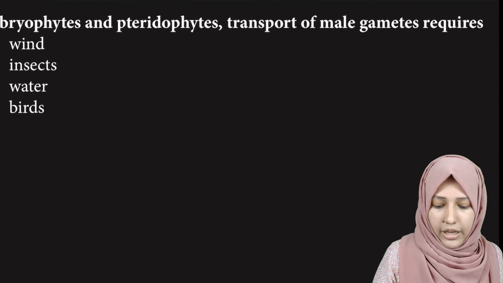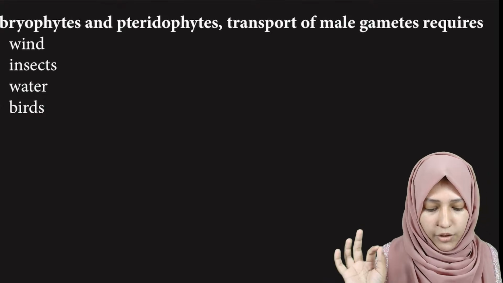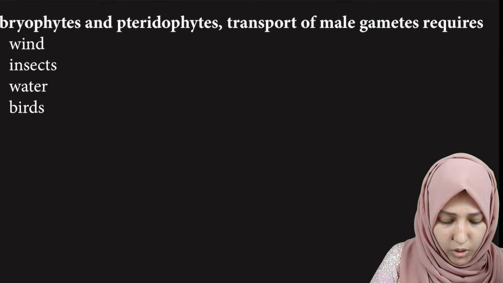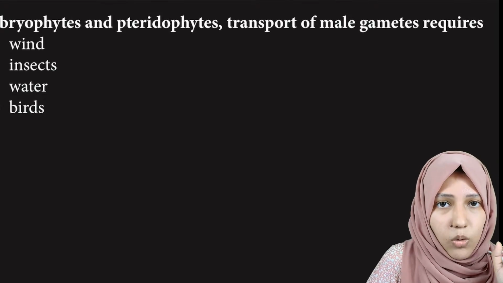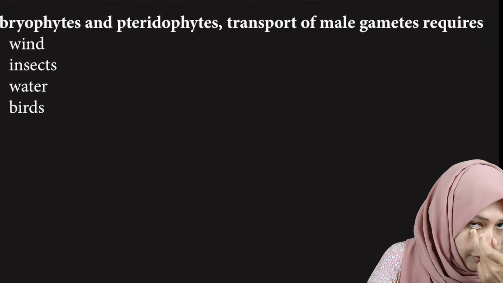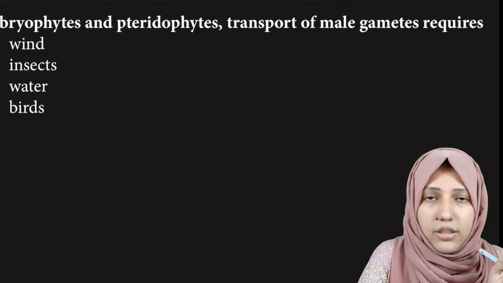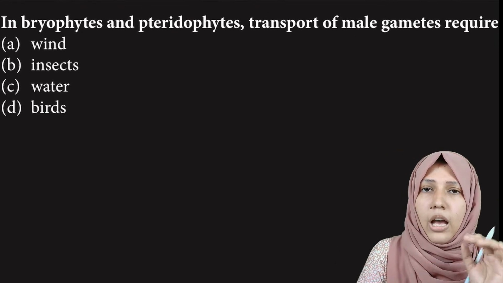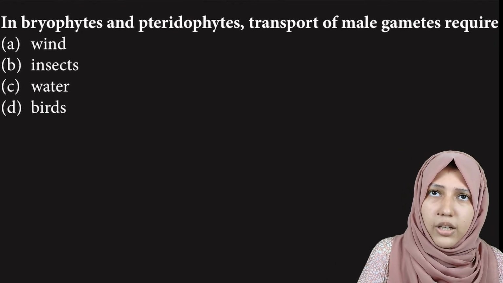Now let's go. In Bryophytes and Pteridophytes, transport of male gametes requires what? If you are confused with the answer, just remember Bryophytes are known as the amphibians of the plant kingdom. Amphibians means they live in soil and water, so they need water.